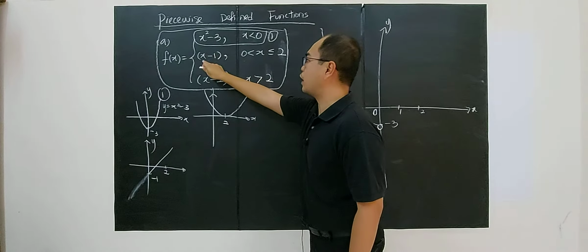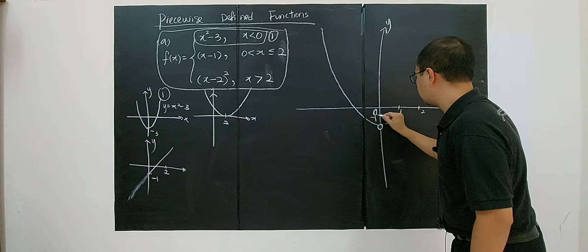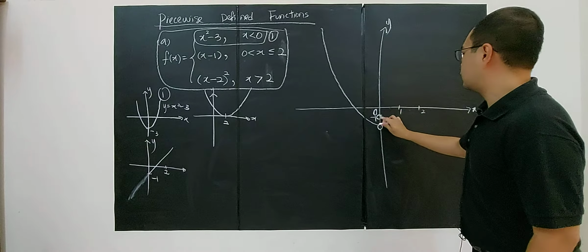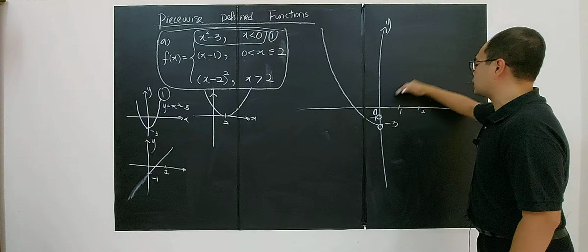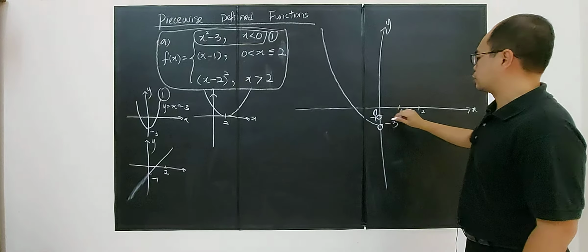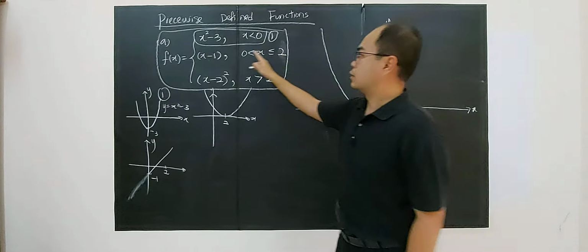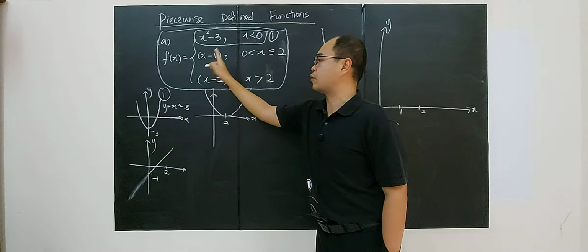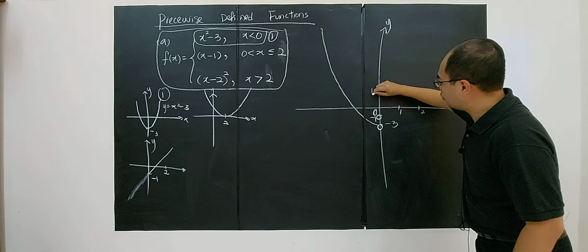I substitute 0, I have negative 1. So negative 1 here, I put an empty circle. And it's from 0 to 2, there is a linear graph here. I need 2 points to draw a straight line. So I put 2 here. 2 minus 1, your y value will be 1. So at 2, it will be 1.